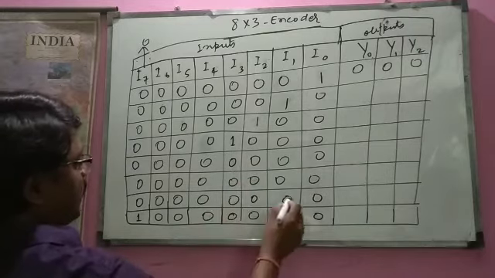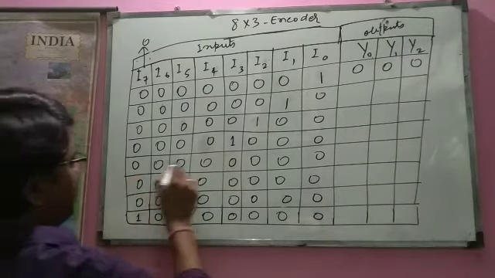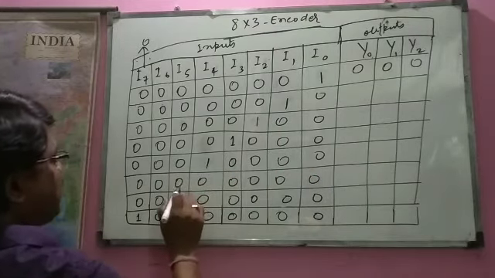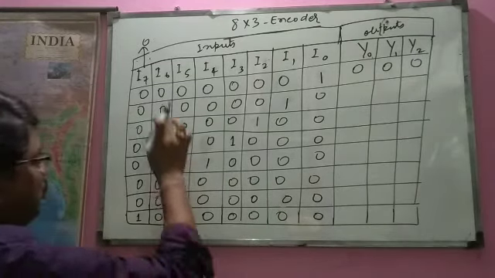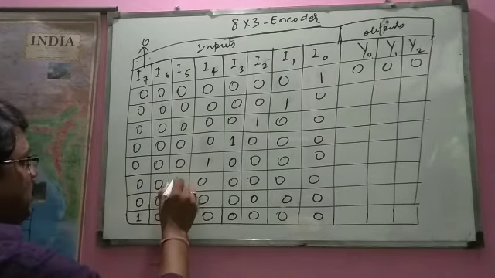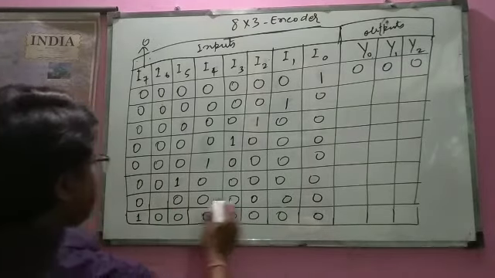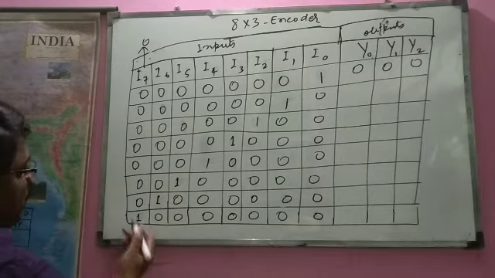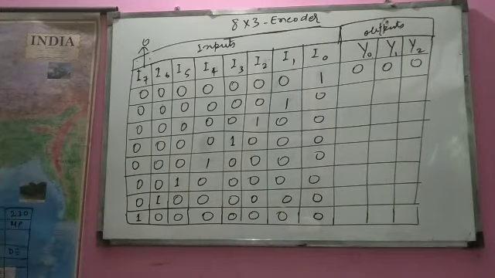Okay, at this time I4 is high and all others are 0. At this time all others are 0 and only I5 is 1, and this time only I6 is high and all others are 0, and like that. You can do either way, no problem.